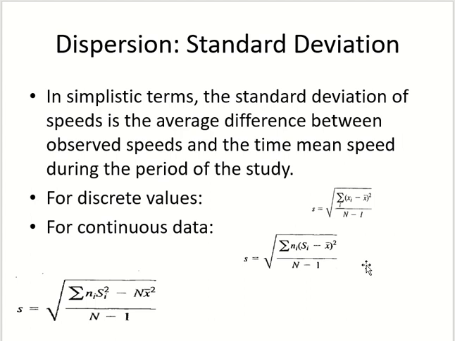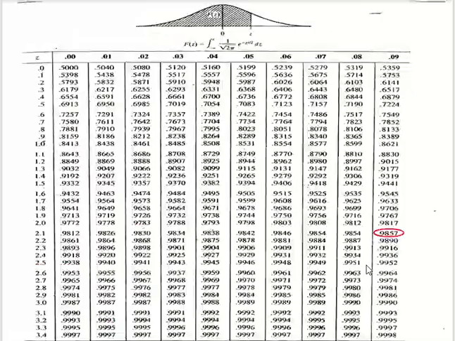In the first equation, you see x minus x bar upon capital N. What is x bar? Mean of the data. And what is capital N? Number of samples. So I'll go there.